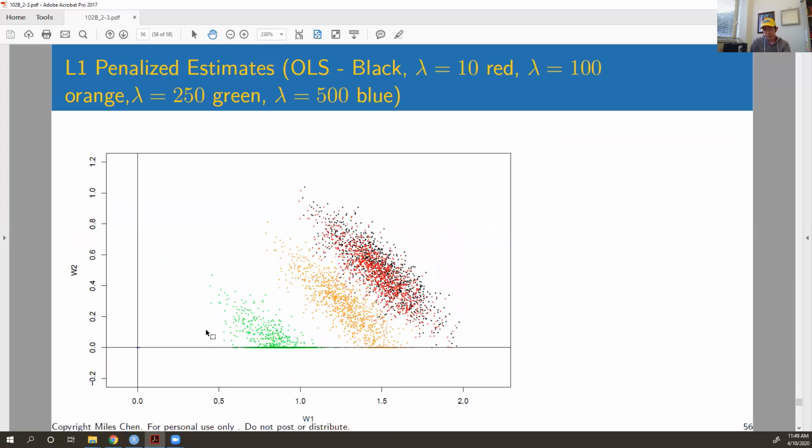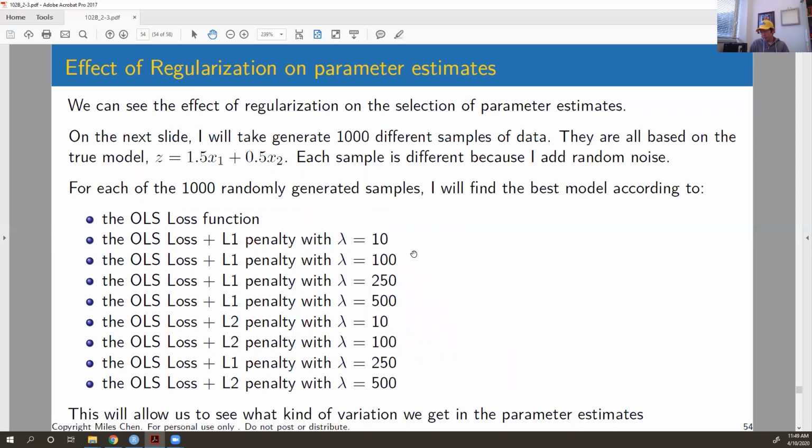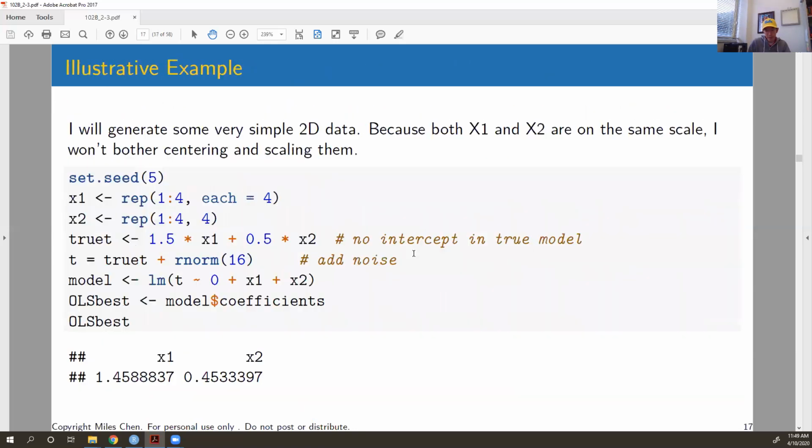What this represents, the black dots that are hard to see here, is that I've simulated my data again. Way back when I created my data, I picked random noise, 16 values from a normal distribution, and I added that to the true t values to get my observed data.